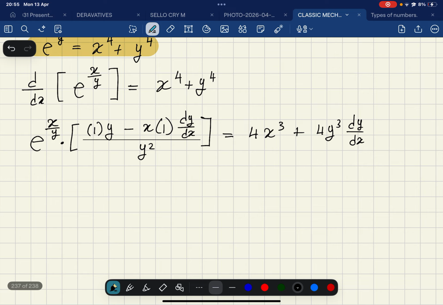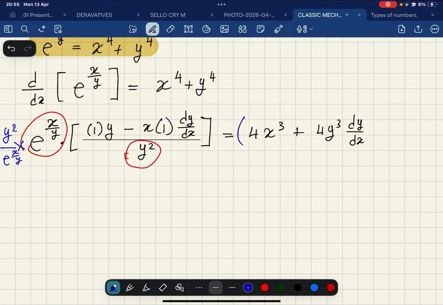Then from there, I can multiply both sides by the reciprocal. By the reciprocal of what? Remember this and this one, they are dividing each other. I can multiply both sides by the reciprocal of them, which is y squared over e to the x over y.